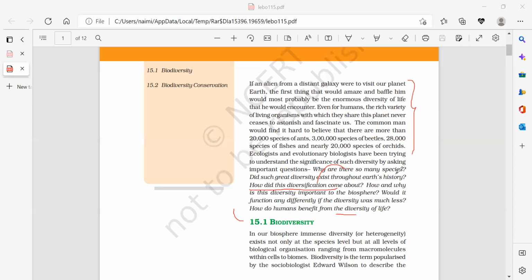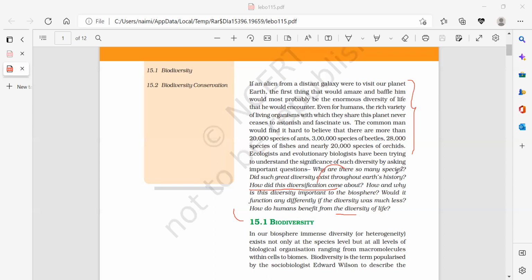So these paragraphs indicate that our planet, our earth, has a variety of species of plants as well as animals, and these are very beneficial for human beings.